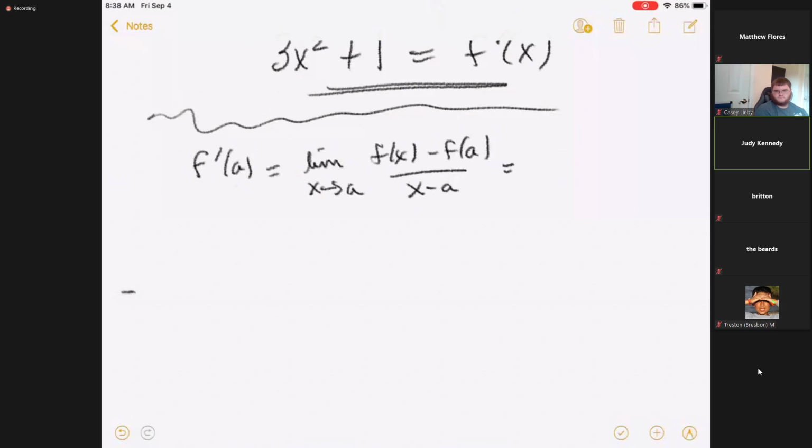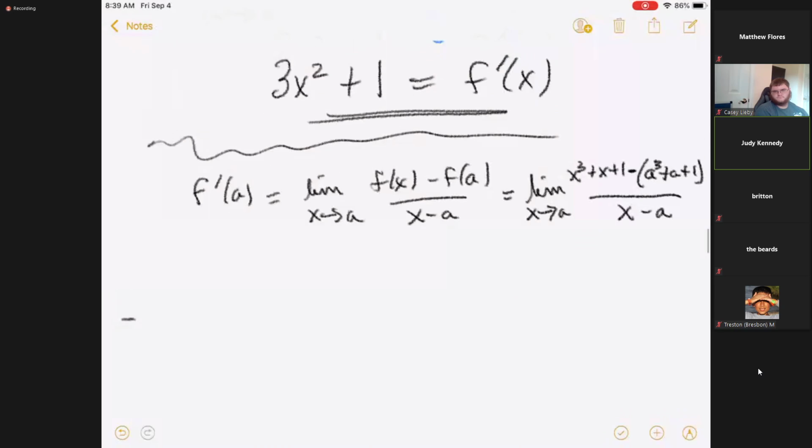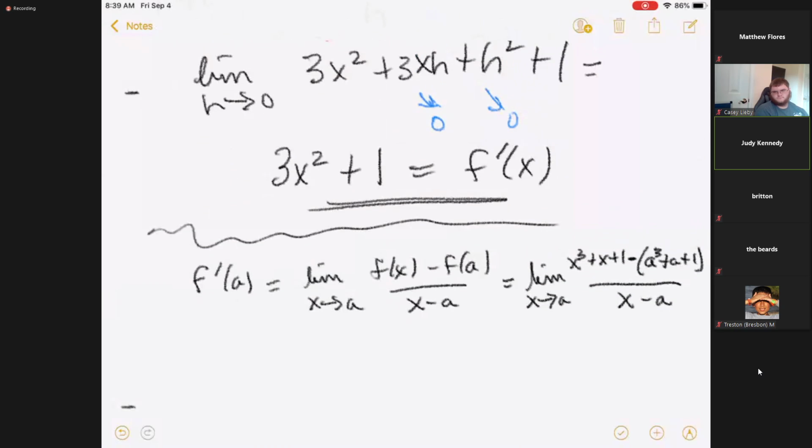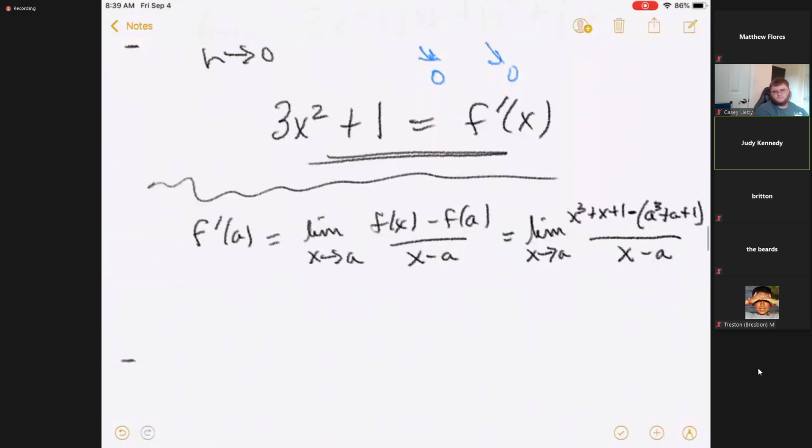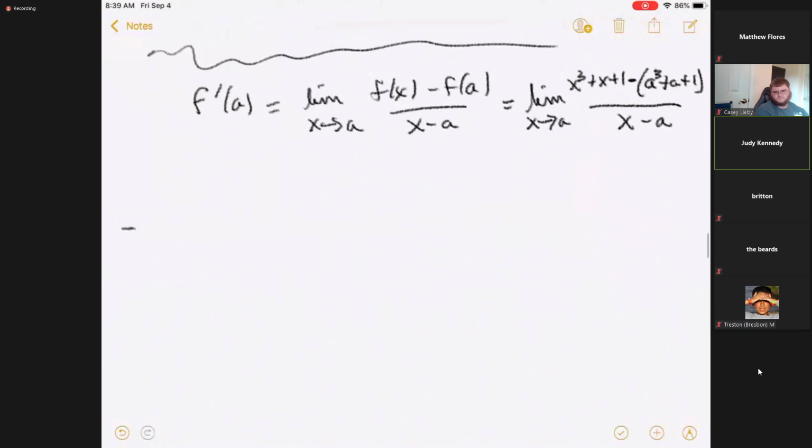And f of x is x cubed plus x plus 1, and then minus a cubed plus a plus 1, over x minus a. It's important to keep the same function, but I believe that's right.